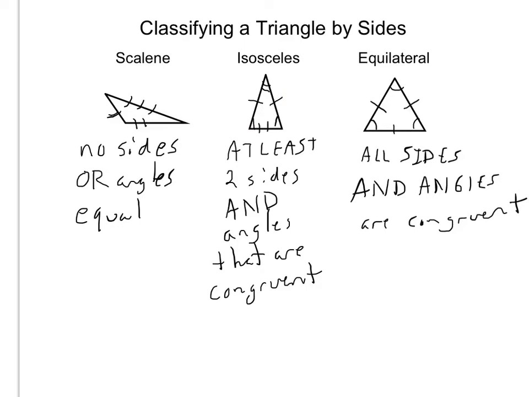And in a scalene, we'd have that one, and then this one would have to have three. Okay, because they're all different. Alright, so equilateral, another name that you want to know for that is equiangular.